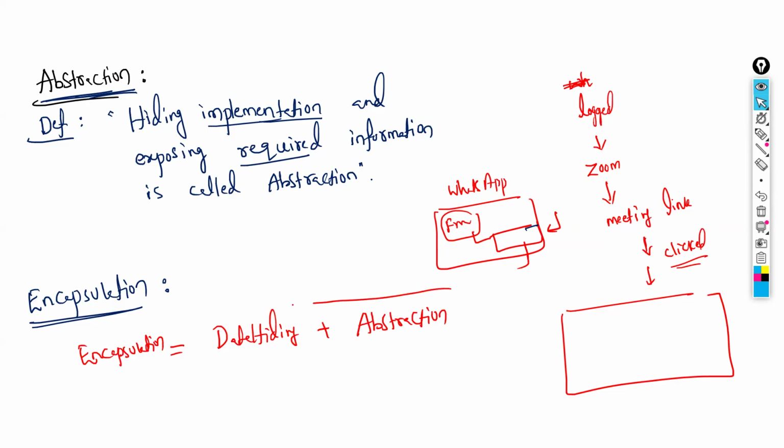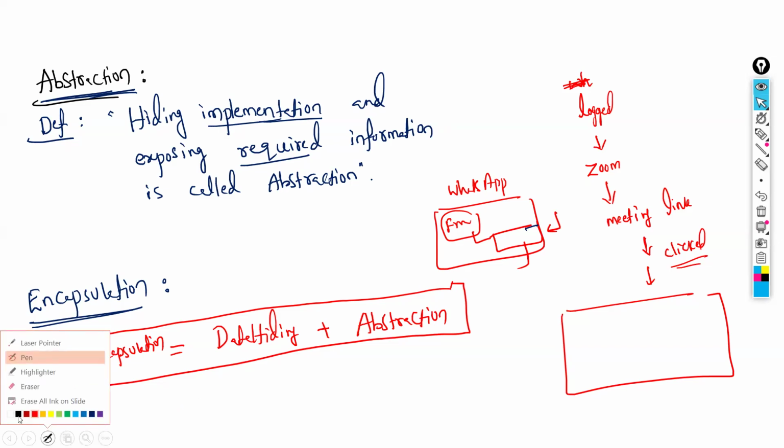Most of the people in the industry are not aware of this. Because they are not aware, they will not agree also. But this is the correct way. Some will say only data hiding. No, it is a combination of data hiding and also abstraction. So this is about the encapsulation and abstraction concepts.